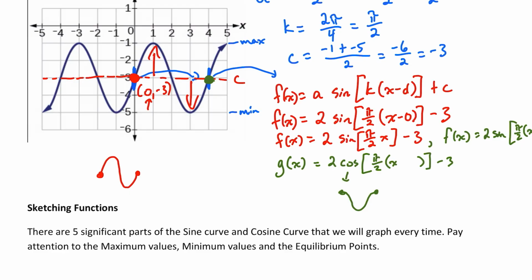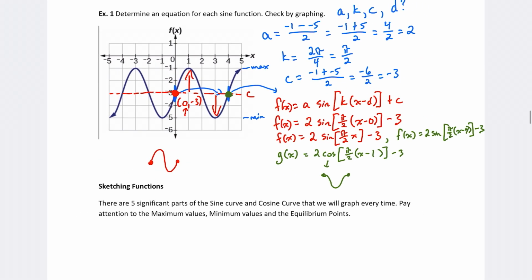That point right there is 1 and -1. So the x has been shifted over 1 to the right. So I'm going to put -1. And there we go. That one would also work. So you could give me this answer right here, or this one, or this one.